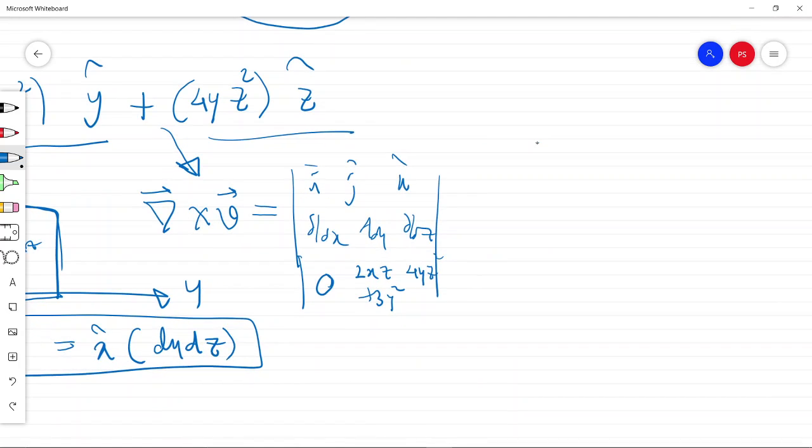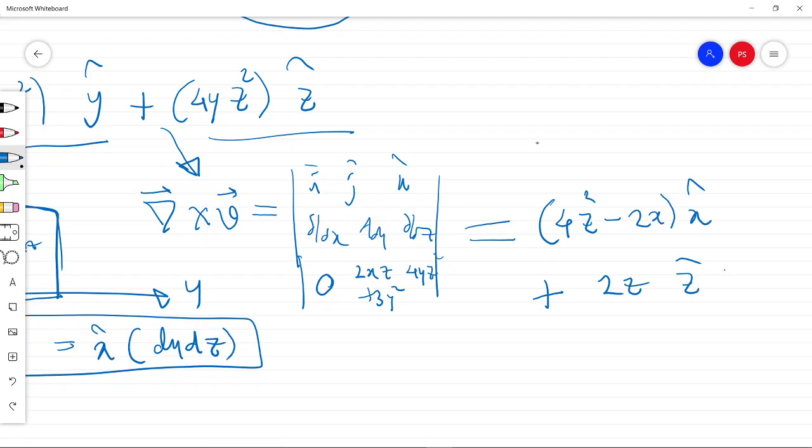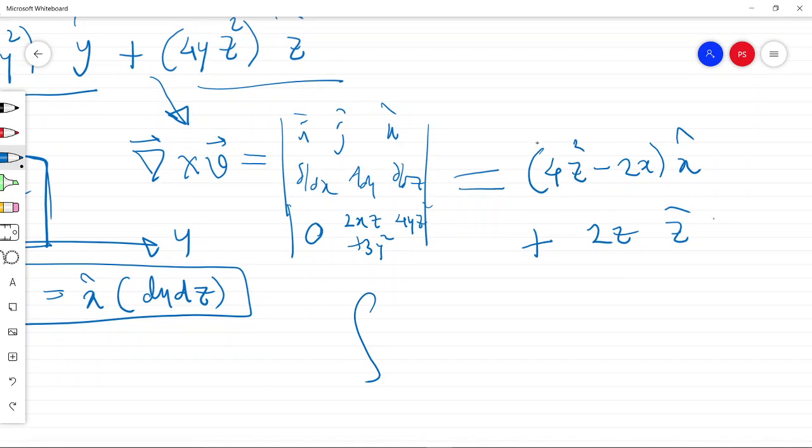Now this can be solved and we see that this is equal to (4z squared minus 2x) x cap plus 2z times z cap.